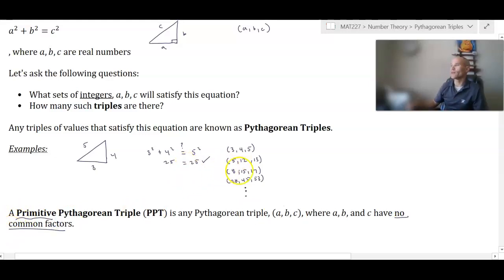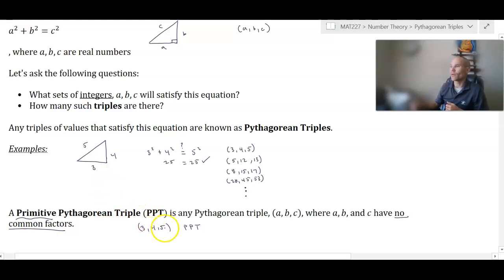So of these that we've generated so far, we know that 3, 4, 5 is a primitive Pythagorean triple, because the 3 and 4 already, those two don't have any common factors. 3 is a prime number, 4 is not a multiple of 3.